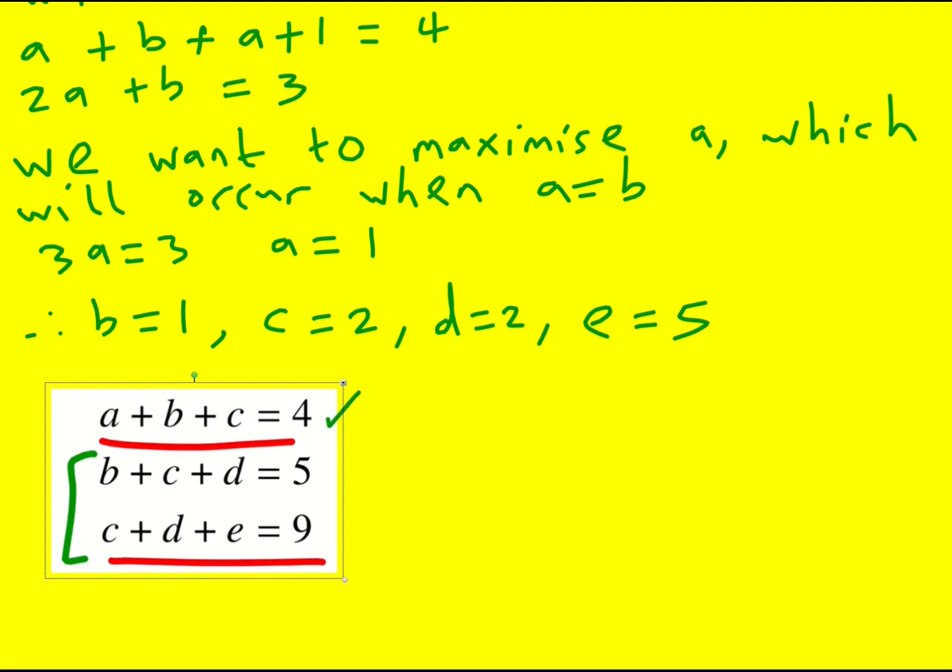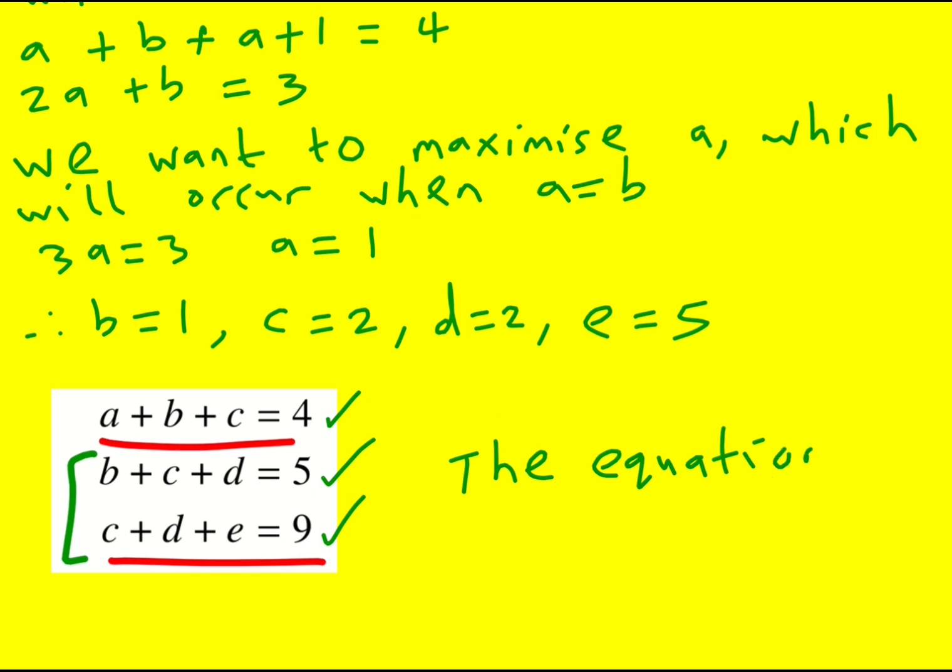That one checks out. 1 plus 2 plus 2 is 5. That one checks out. And 2 plus 2 plus 5 is 9. That one checks out. The equations hold. So actually C equals 2 is the maximum value of C such that the inequalities hold and the equations hold.